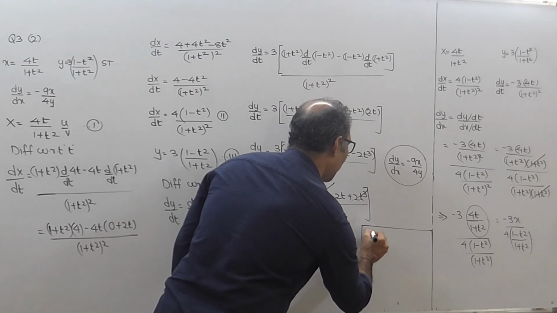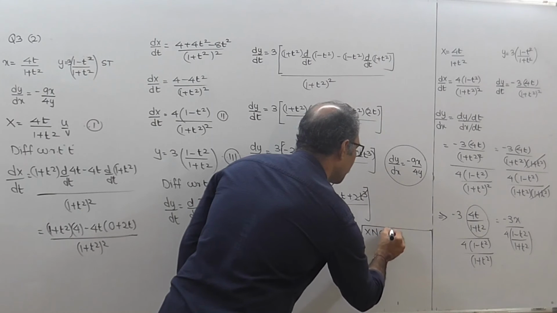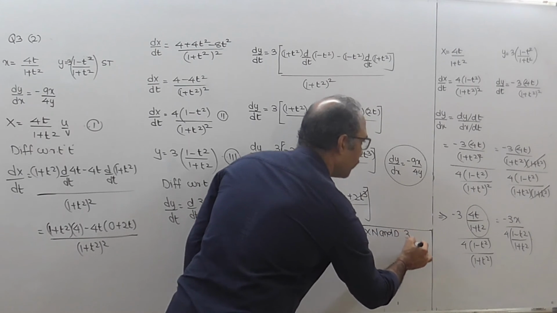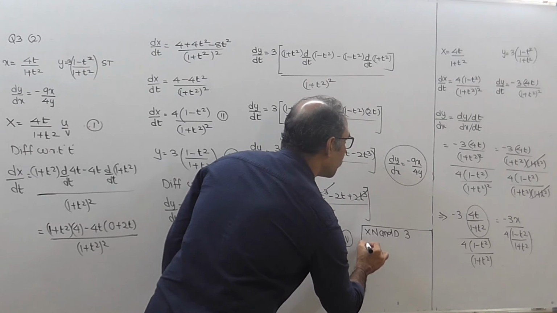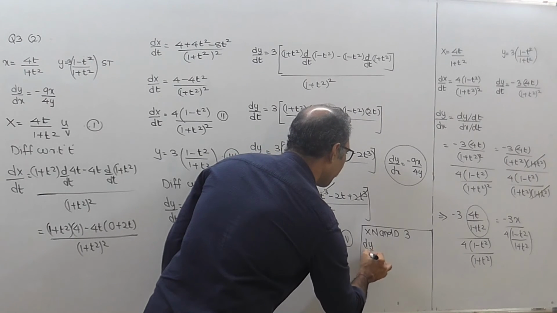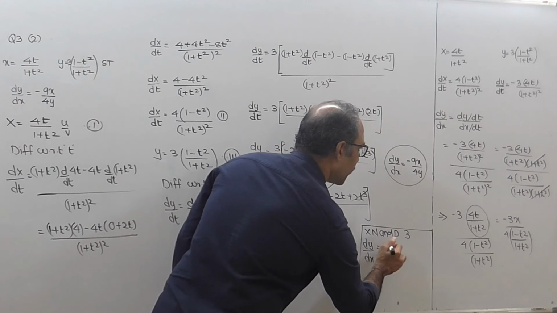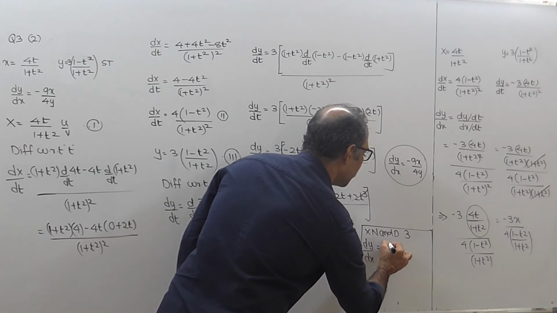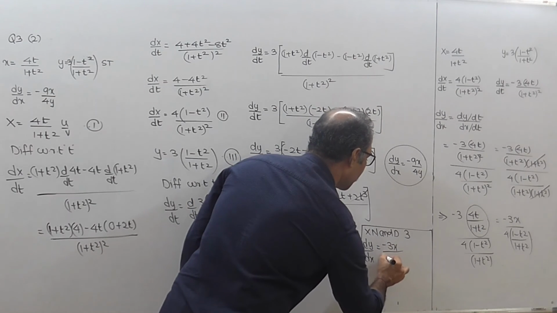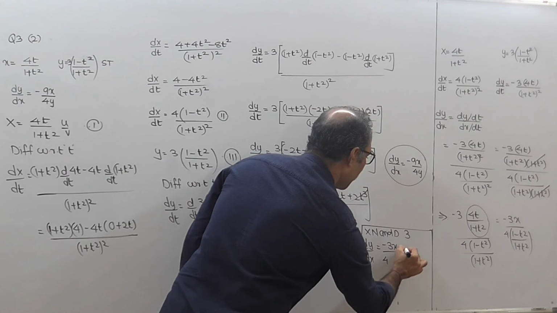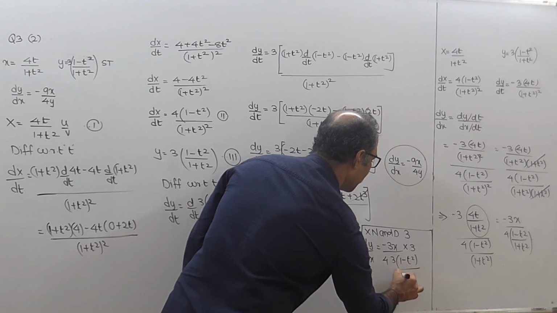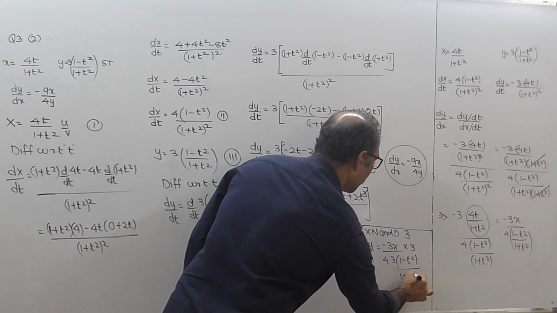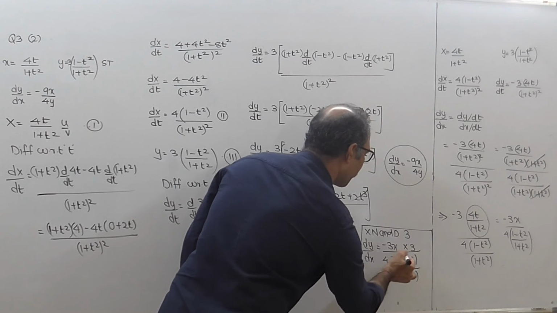What I will do is, I will multiply the numerator and the denominator by 3, because I need 3 into (1 minus t square upon 1 plus t square). So basically I get dy by dx equal to minus 3x upon 4 times, I am multiplying the numerator and denominator by 3, 3 inside the bracket, 1 minus t square upon 1 plus t square.